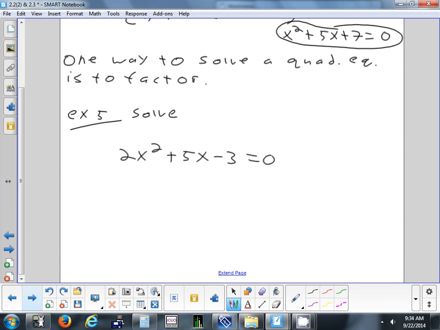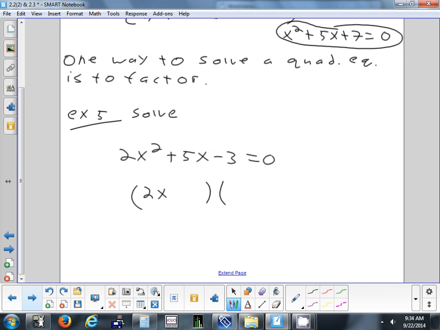Completing the square is the one that will always work, but it could be a waste of time if another method works. Completing the square can take a long time. So can the quadratic formula. Factoring is always the fastest way to solve a quadratic of this type. Okay, so let's see if we can factor it.